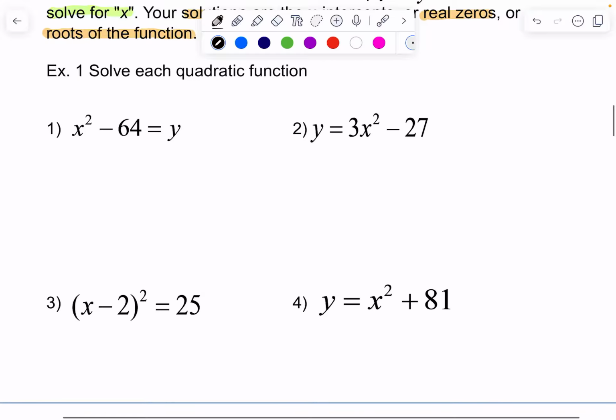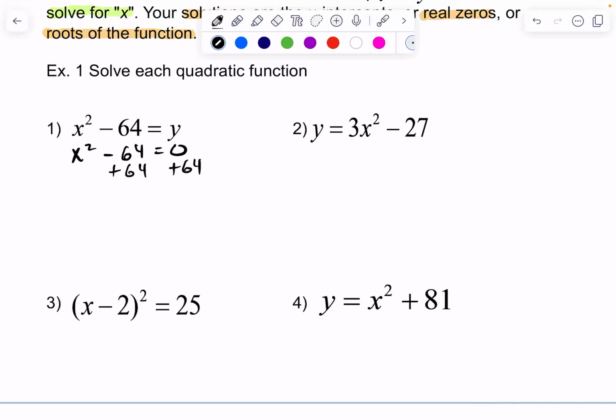We're going to go ahead and solve each quadratic function. They are in ax squared plus c form. So we're going to start by setting y equal to 0 and isolating the x. So I'm going to go ahead and add 64 to both sides. And I can solve for x here by eliminating that power of 2.